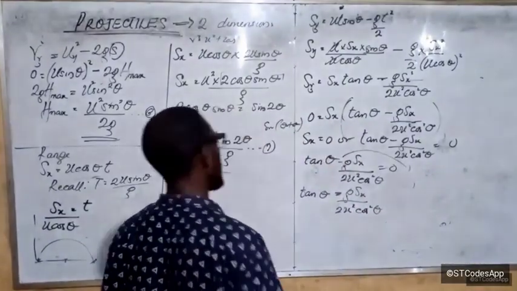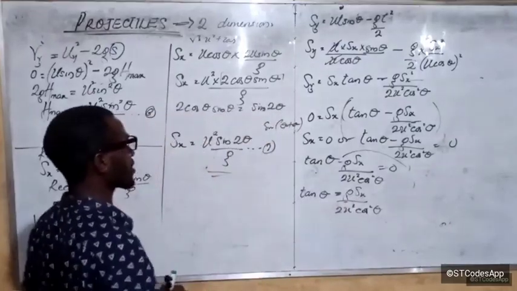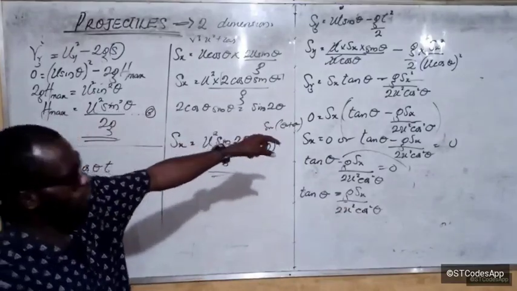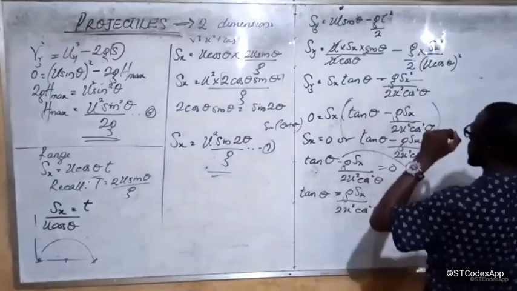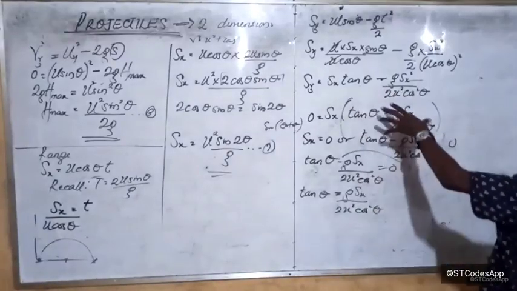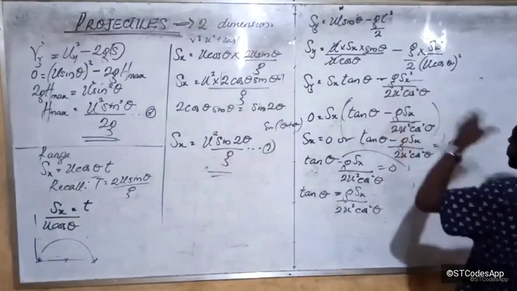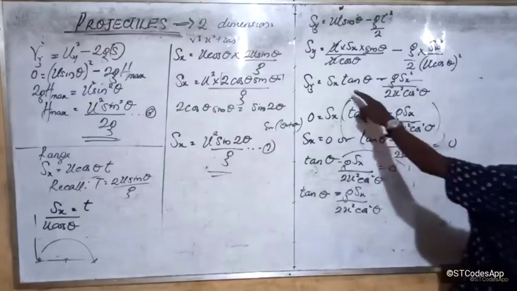All right, I actually missed out something. Now, seeing this, you can tell that the equation for the trajectory of the projectile is quadratic.